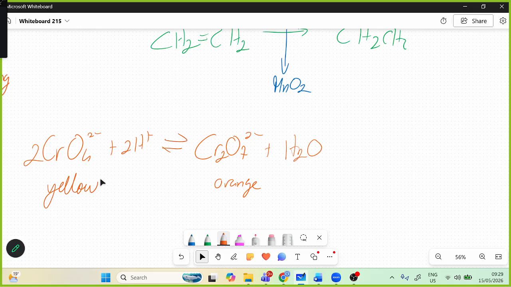They serve the same purpose. Cr2O7 2- is an oxidizing agent, so is CrO4 2-. There is absolutely no difference whatsoever.